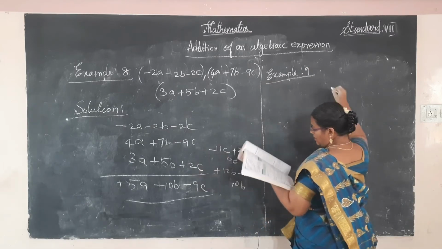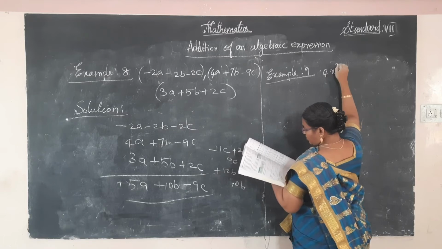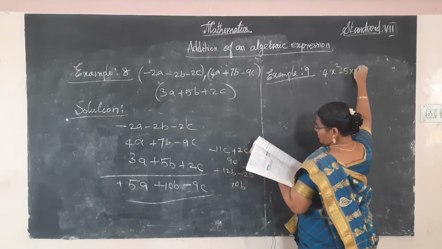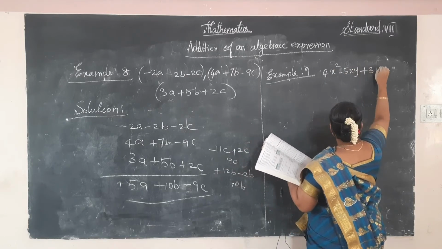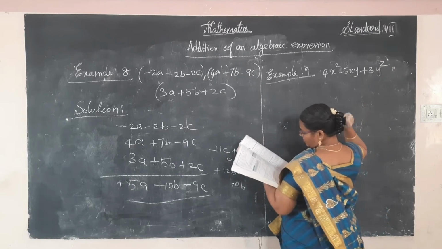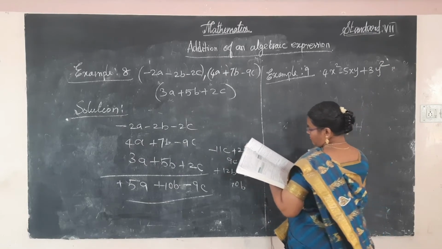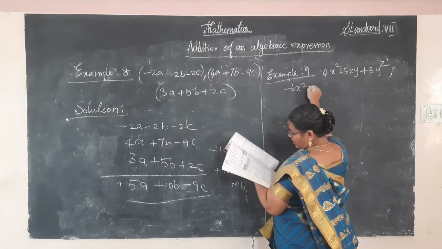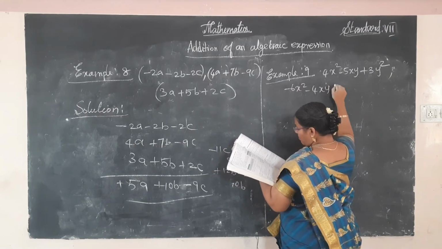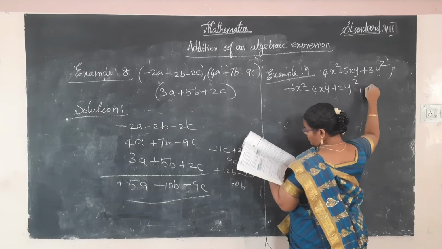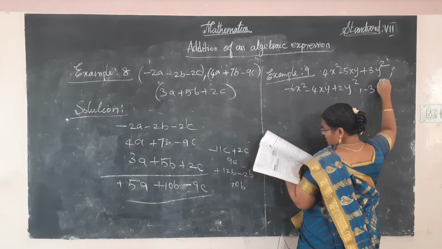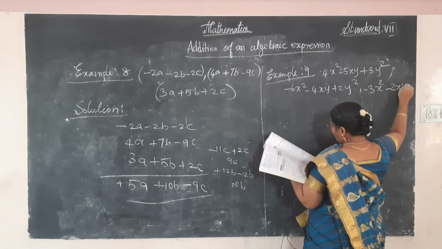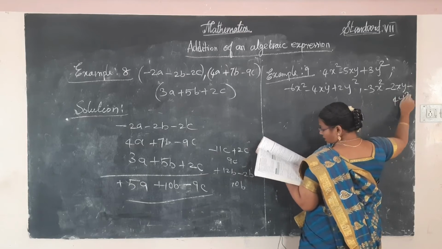Add 4x squared minus 5xy plus 3y squared, comma, minus 6x squared minus 4xy plus 2y squared, comma, minus 3x squared minus 2xy minus 4y squared.